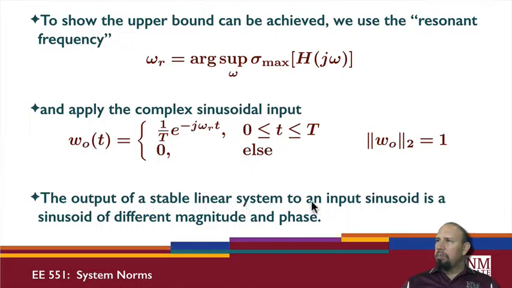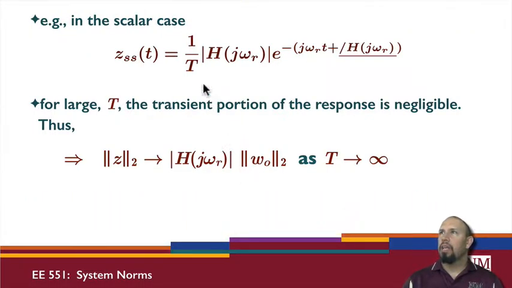Now the output of a stable linear system to an input sinusoid is basically a sinusoid of different magnitude and phase. So this is what we're looking at. And in this case, we're actually looking at it in the scalar case. So in the scalar case, this is the response.